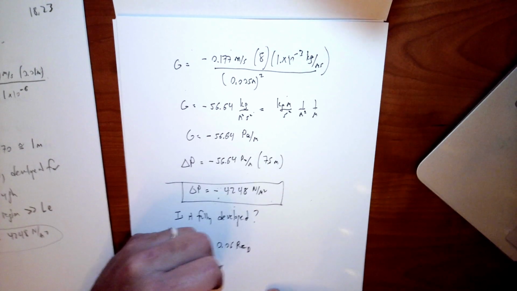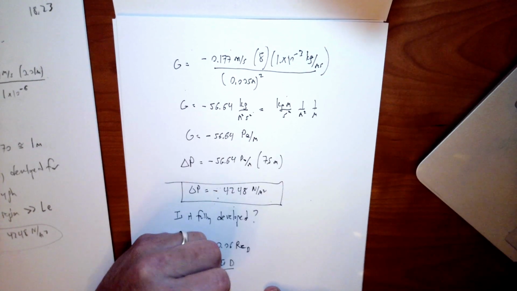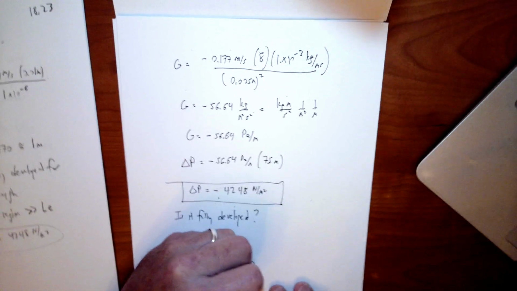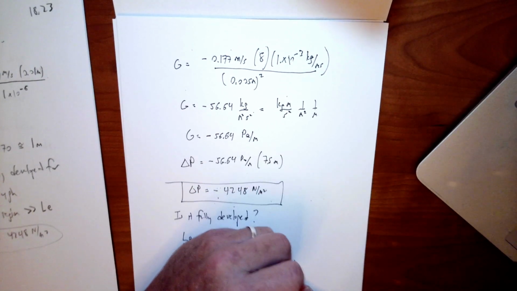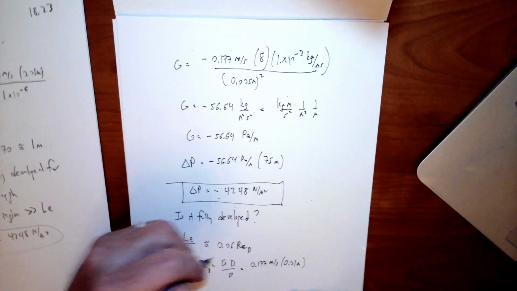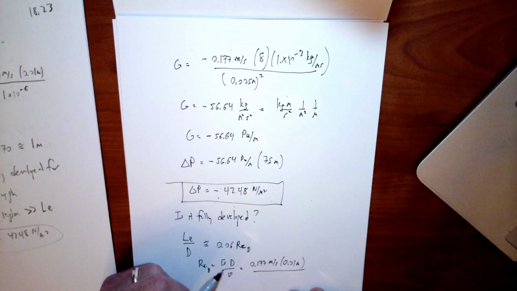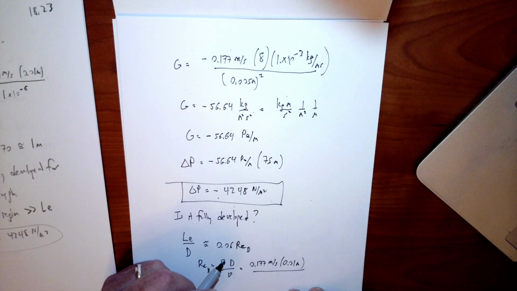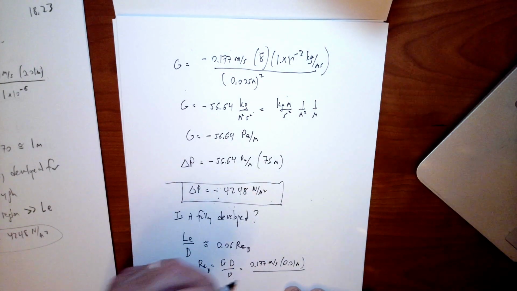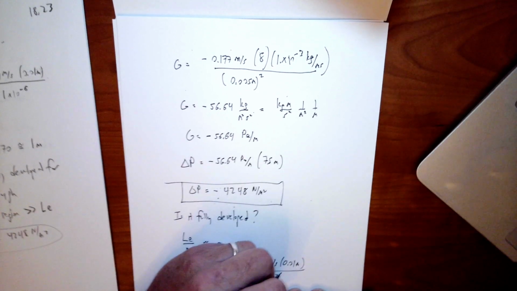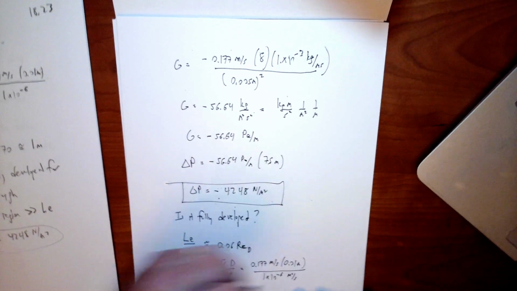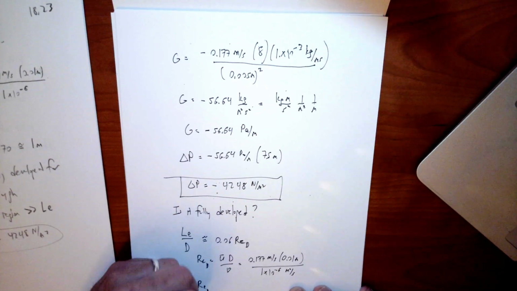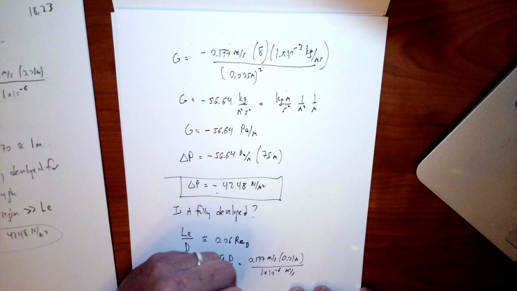My Reynolds number based on D is my velocity times D over nu, which is equal to 0.177 meters per second times 0.01 meters, which is my diameter, and then 1 times 10 to the minus 6 is my nu, meters squared per second. So my Reynolds number is equal to 1,770.